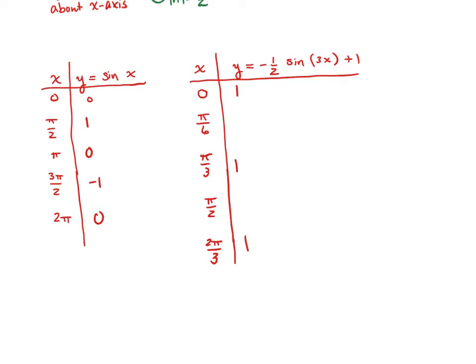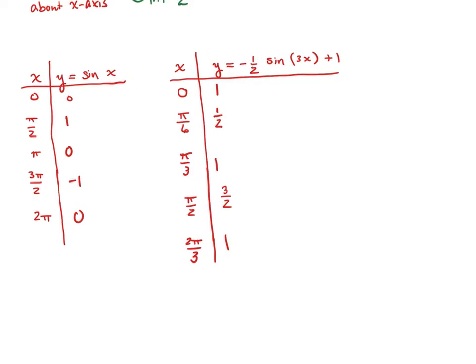So we'll go down by 1/2. So going down by 1/2 from 1 lands me at 1/2. Then I'm going to go back up to my line of oscillation, that's to 1, and then I'm going to go up 1/2, which is 1.5, or 3/2, and I'm going to go back to my line of oscillation, which is 1. So now let's put this on our graph.